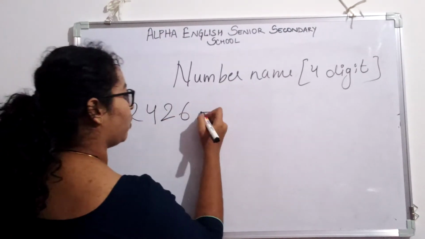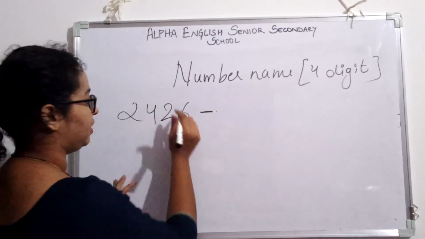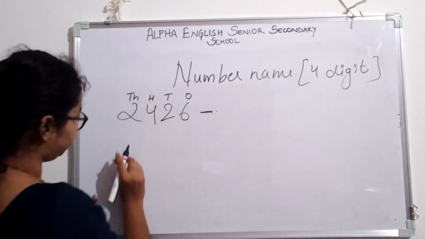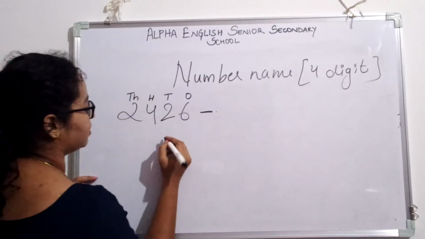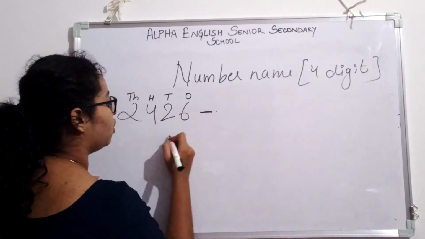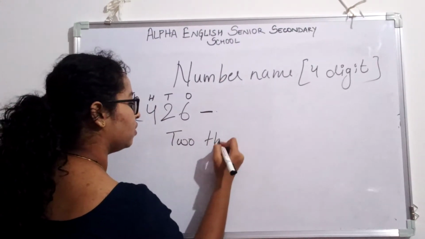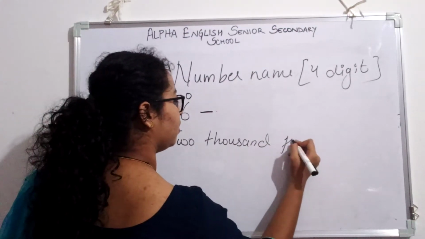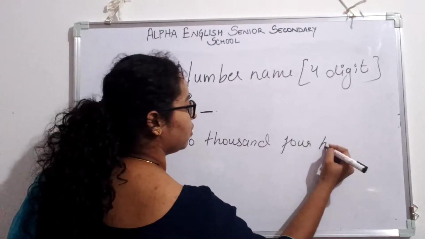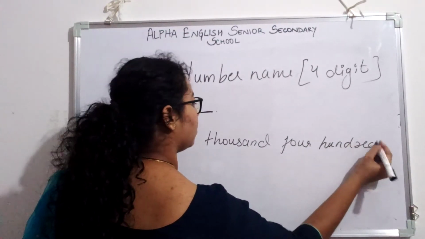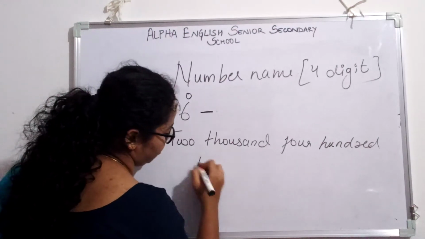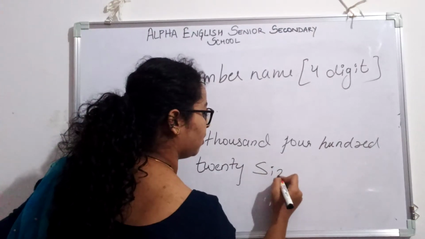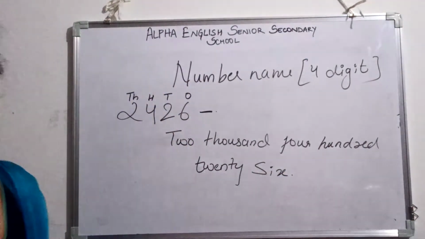It has ones, tens, 100 and 1000. So we write 2000, 400, 26. Done?